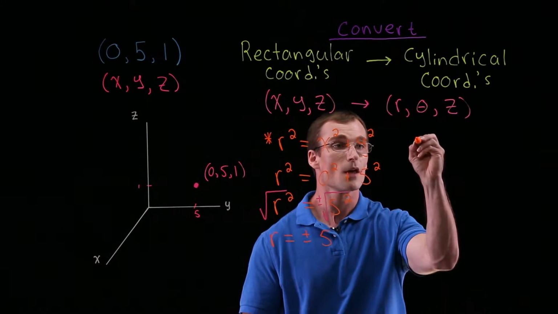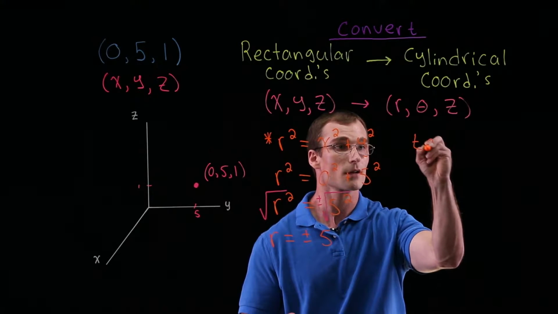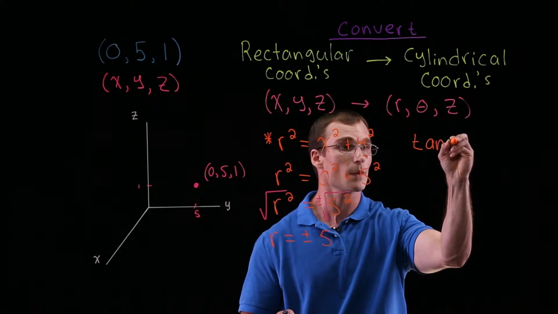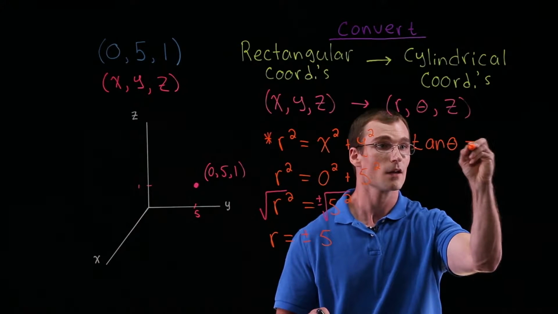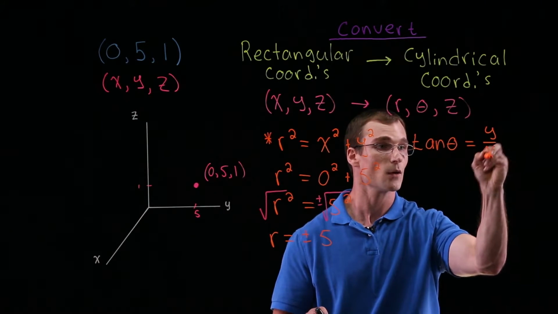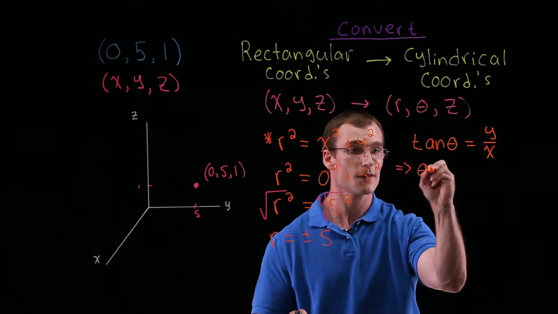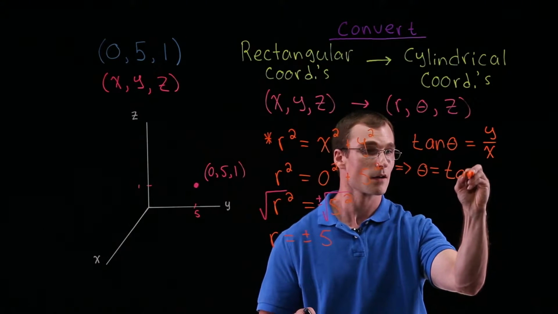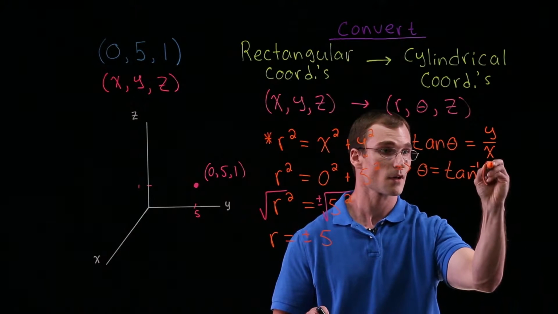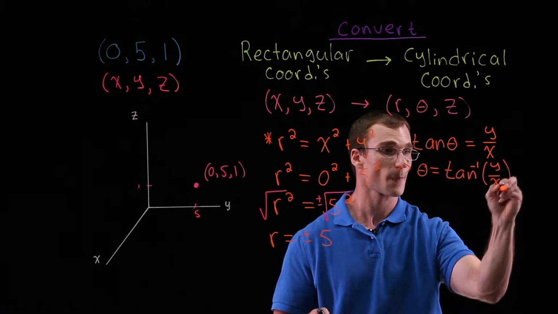So the next thing we want to do, if we have r, or at least some candidates, is find theta. We start, again, with what we know, that tangent of theta is equal to y over x. That implies theta is tangent inverse of y over x.